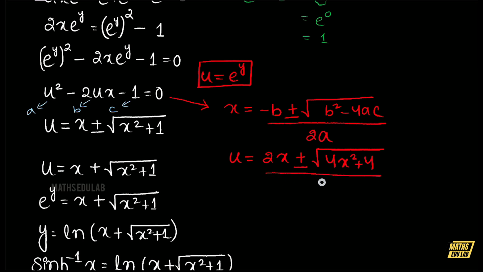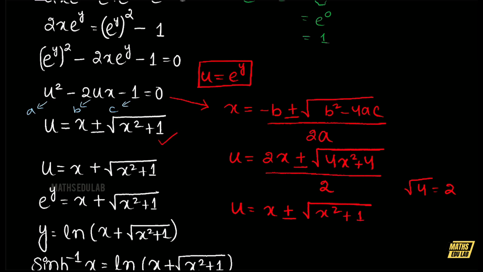The a value is 1, so it will be 2. On taking 2 as common, we get x plus or minus root over x square plus 1, because root 4 is nothing but 2. So when we take the common 2, we only get x square plus 1. So this is what we got here.